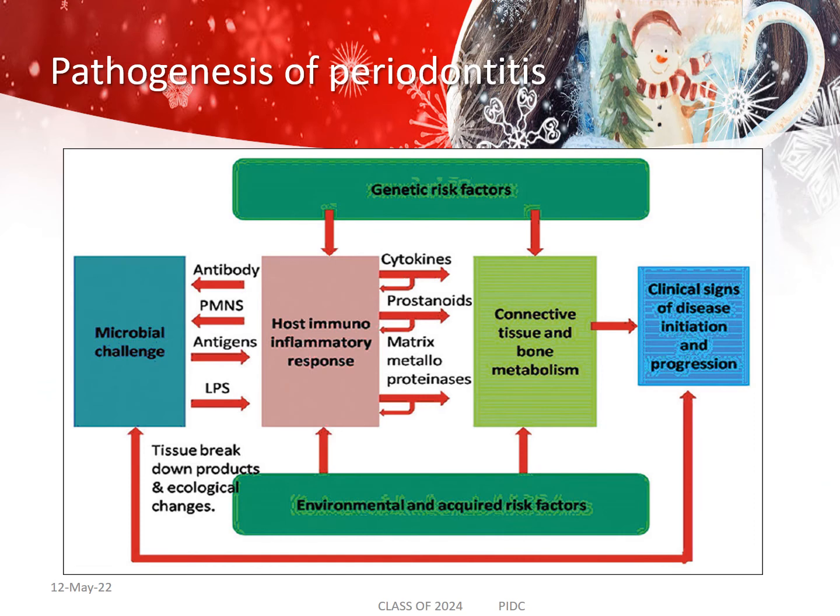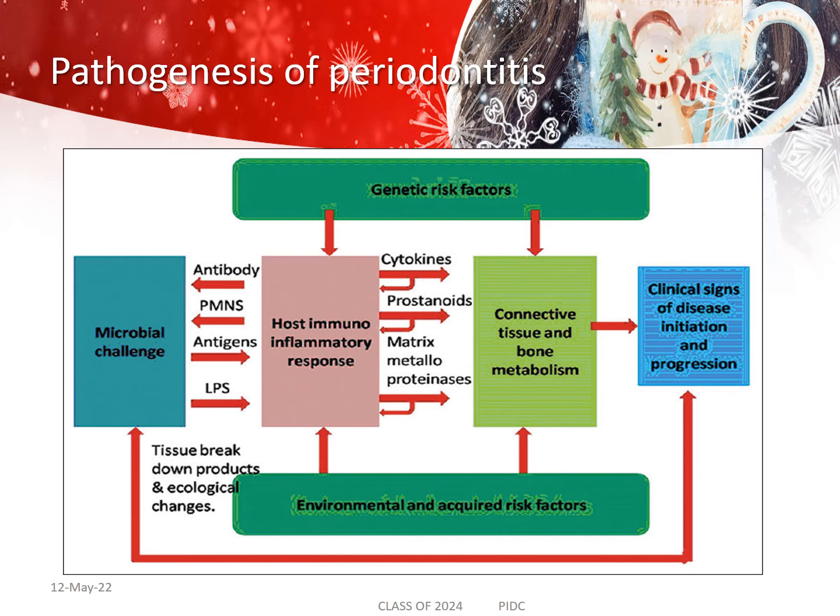Coming on to the pathogenesis of periodontitis. Generally, when microbes first start challenging the host with the help of antigens and polysaccharides of the bacteria, the host responds with antibodies and neutrophils. The host also produces cytokines, prostanoids, and matrix metalloproteinases.